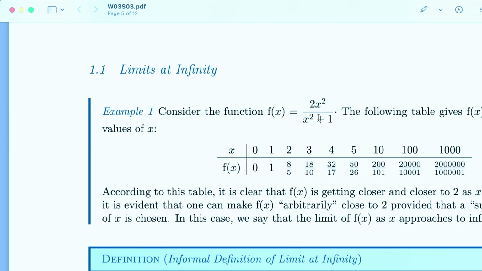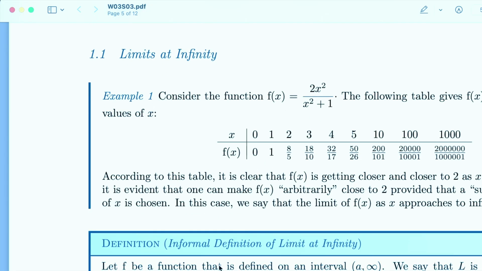So again, if I want to give you an informal definition of this, we say that let f be a function that is defined on this interval. It should be defined from some point onward, of course, otherwise I cannot send x to infinity.